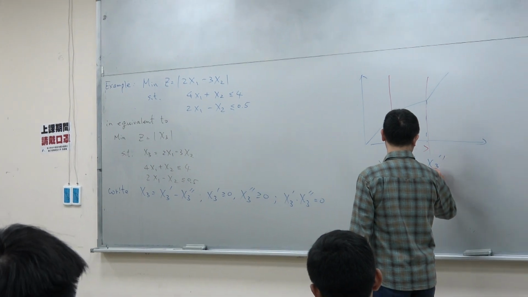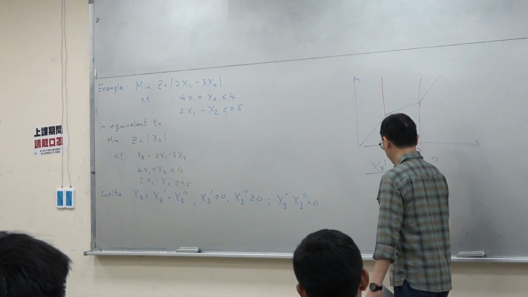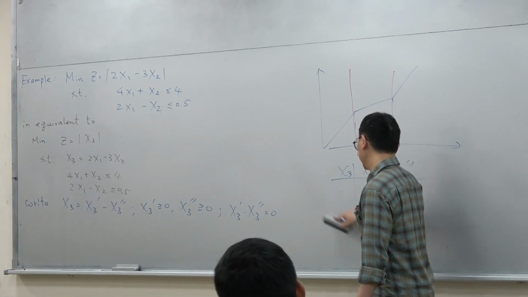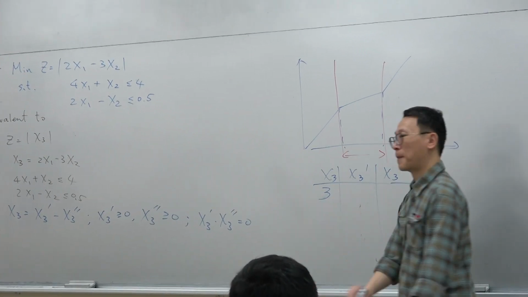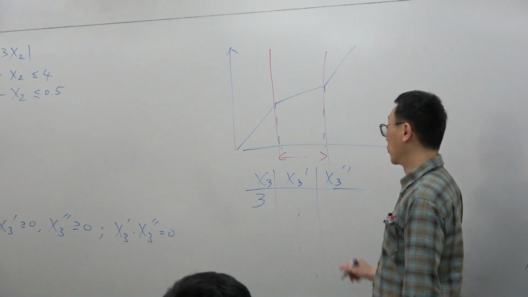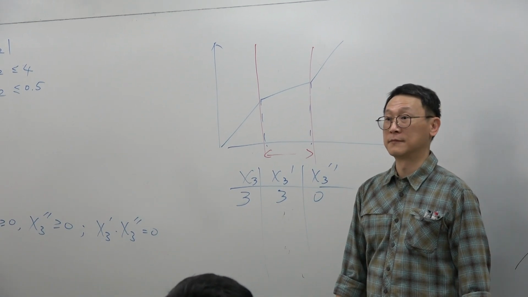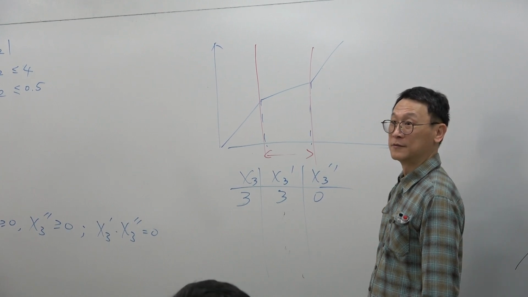If x3, sorry, x3 is 3, that would be (3, 0) only, right? (3, 0) only.